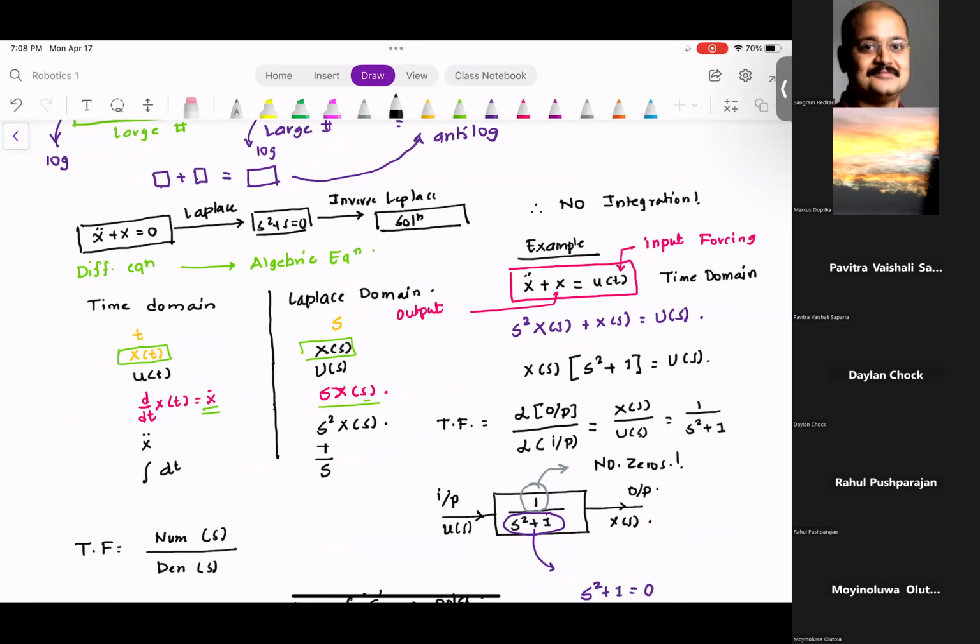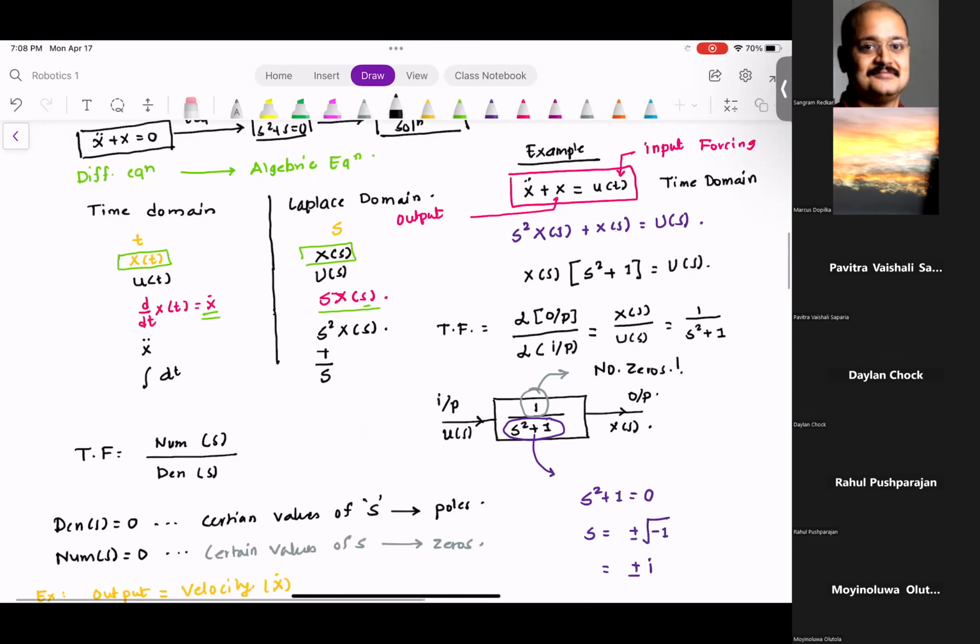If you have the derivative x dot, in the Laplace domain it becomes an algebraic expression s multiplied by x of s. If you have x double dot, it becomes s square x of s, and integration becomes 1 over s. And we looked at the 1 over s block in Simulink when we tried to solve the Simulink function that we obtained from MATLAB.